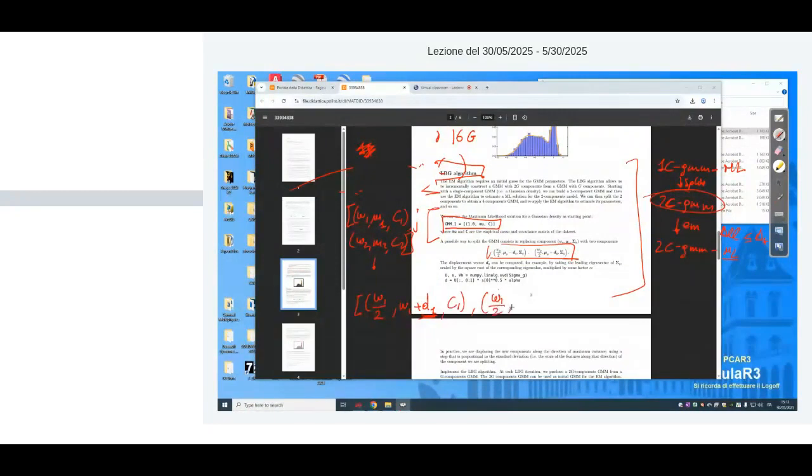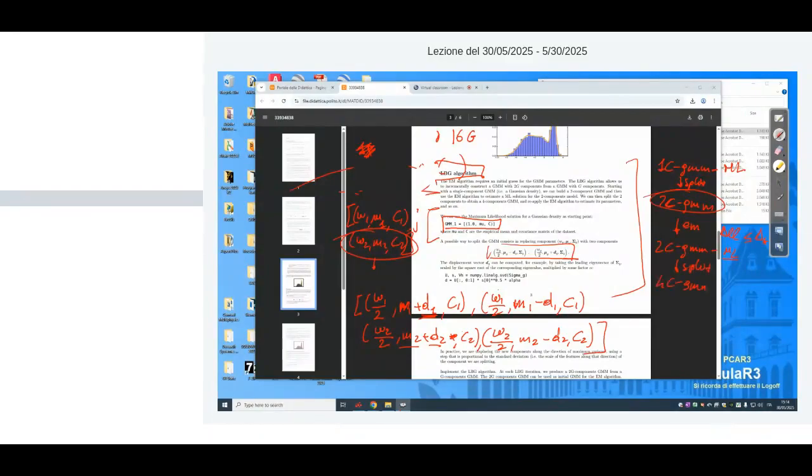The second one will have the same thing minus the same displacement. The third component will be a split of the second component, with mean 2 plus some displacement and covariance 2, and the last component will be the second split of the second component of the original GMM. So this will be our four-component GMM.